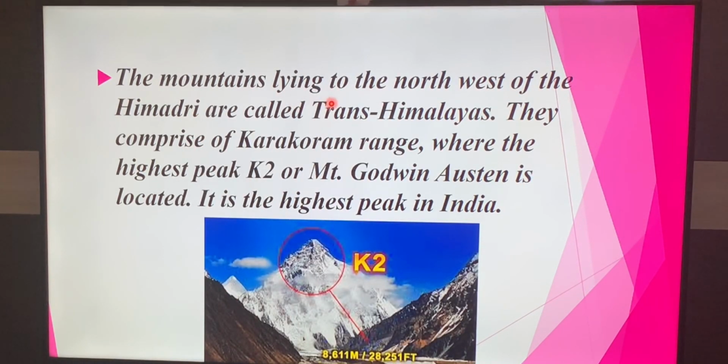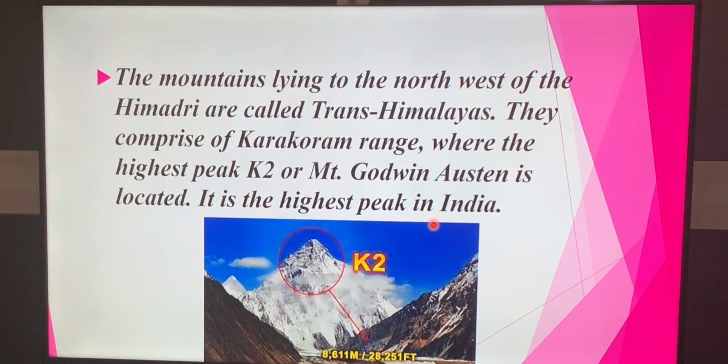The mountains lying to the northwest of the Himadri are called Trans-Himalayas. They comprise the Karakoram range, where the highest peak K2, or Mount Godwin Austen, is located.